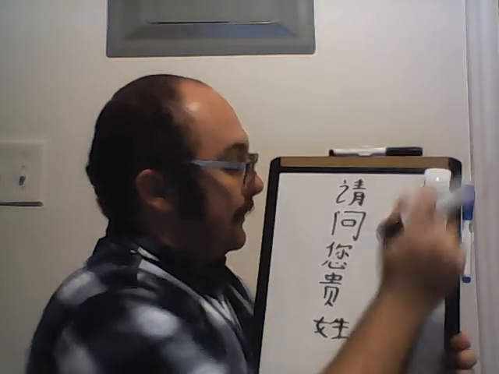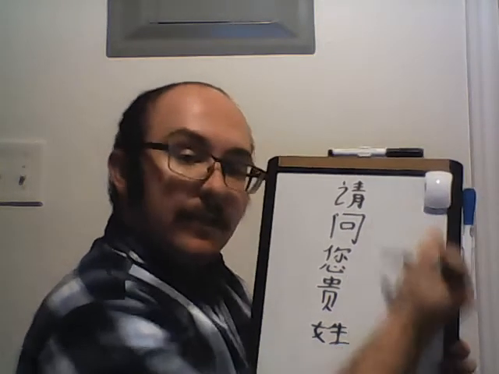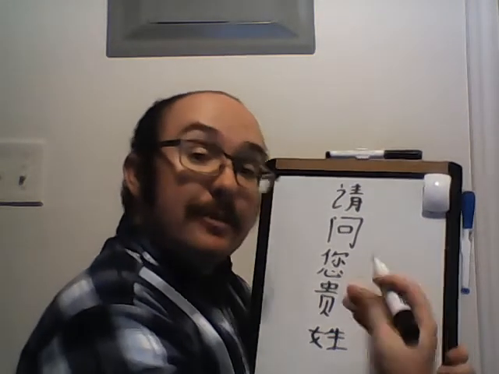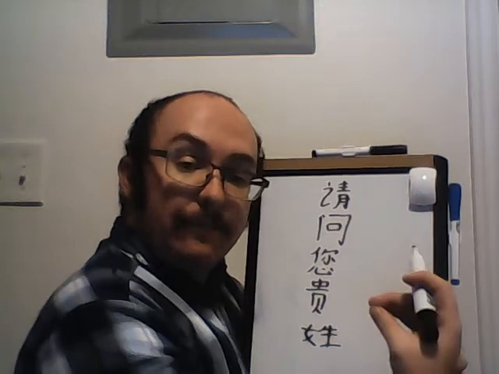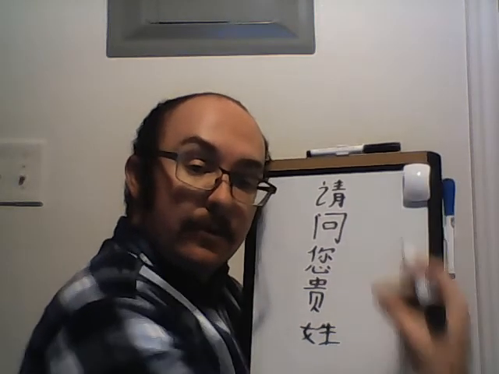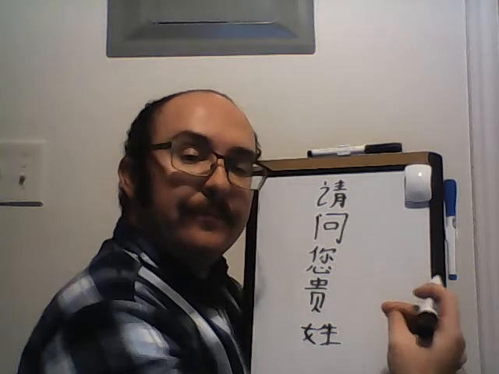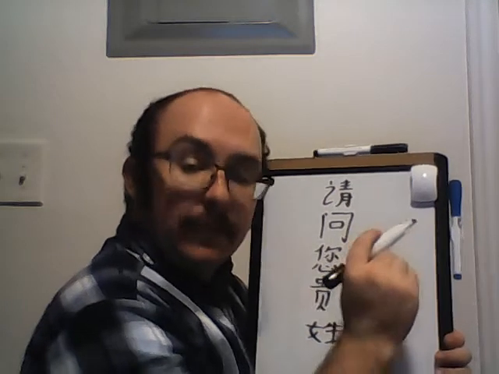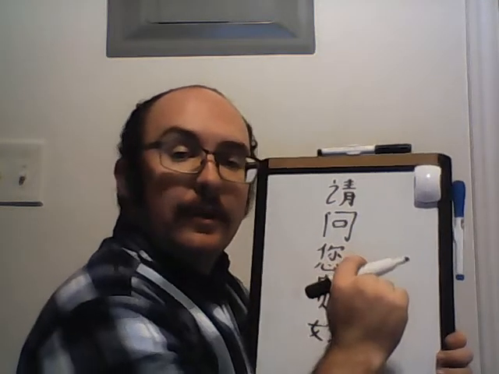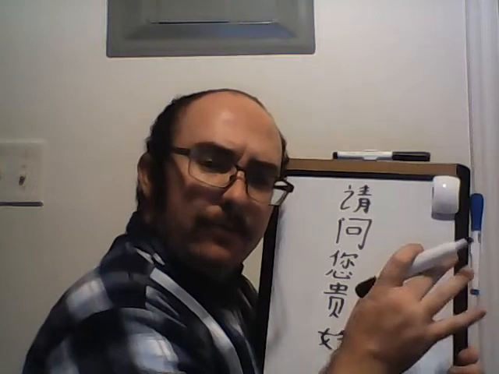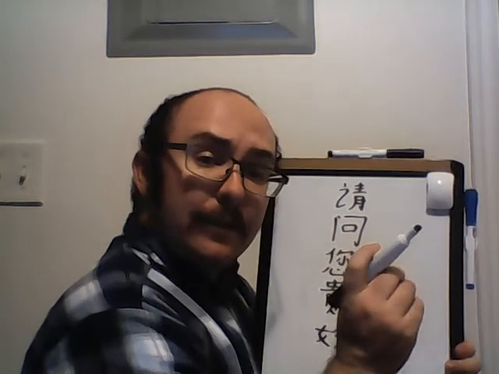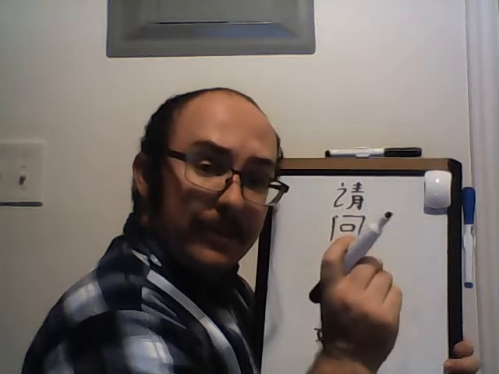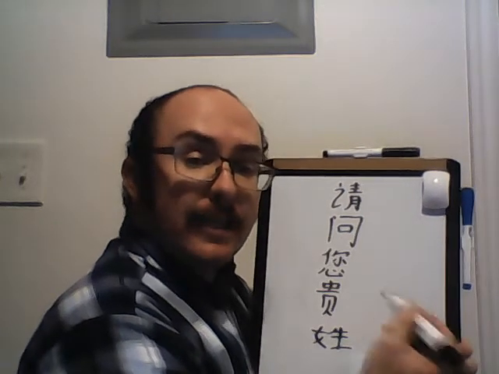So this is the set phrase, and you need to learn this. There's a way to ask for someone's full name, and a way to ask for someone's given name, and this is how you ask for just their surname. 请问您贵姓? I would highly recommend viewing this video a few times and practicing it as frequently as you can, because you need to say this one right.